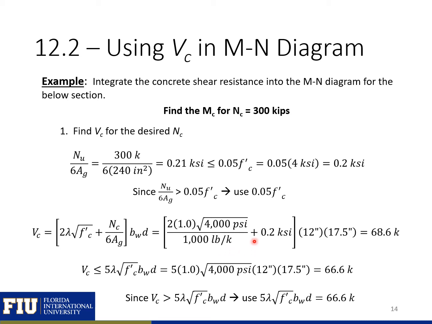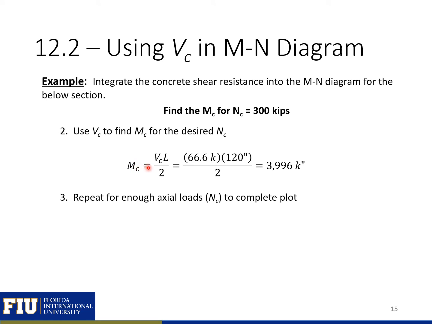And then we add in our 0.2 ksi and take this times 12 inches, our b_w, times d, 17.5, to give us 68.6 kips. We need to compare this value to our upper limit of 5 square root of f'c, 66.6 kips, and we can see that our 68.6 is greater than the 66.6, so we need to use the upper limit value of 66.6. So this is the V_c that we'll use moving forward.